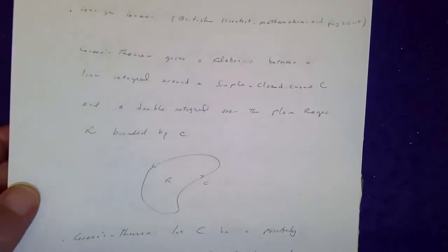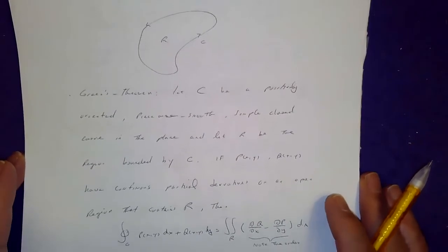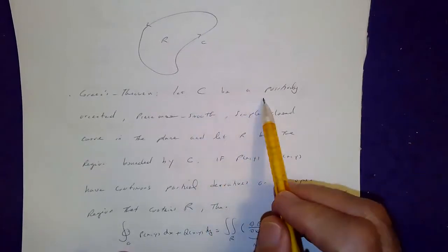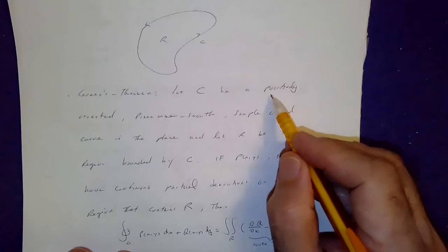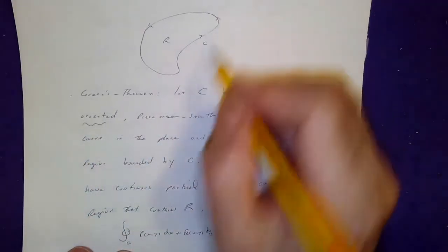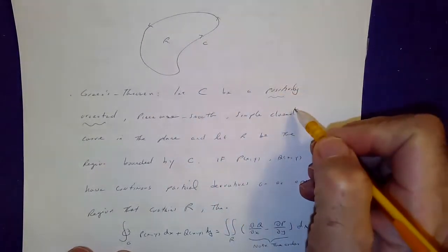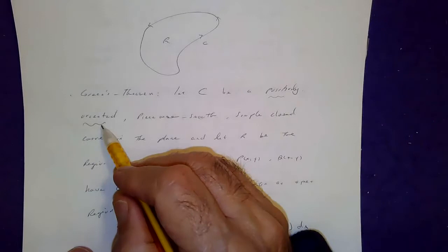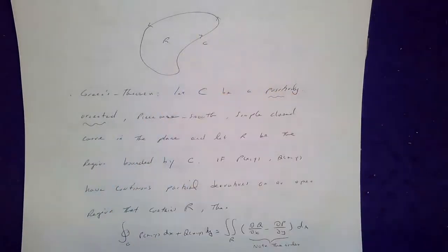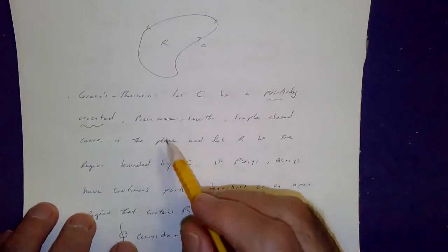So this is how the formal statement of Green's theorem goes. Let C be positively oriented. First of all, what's positively oriented? That means the direction of the curve is counterclockwise.